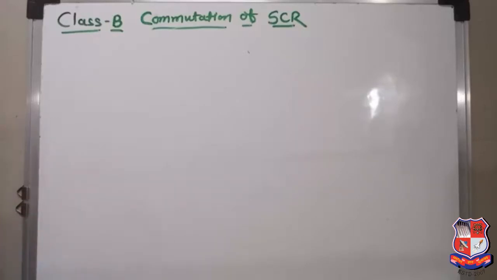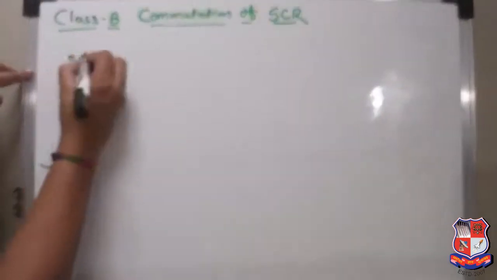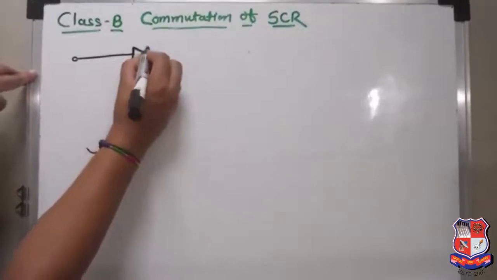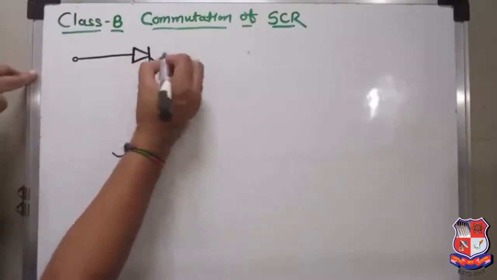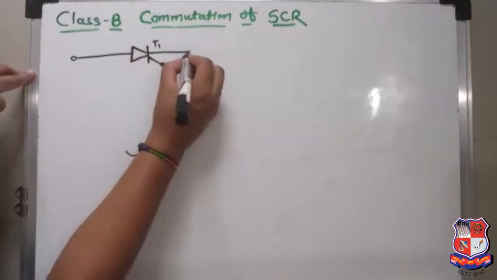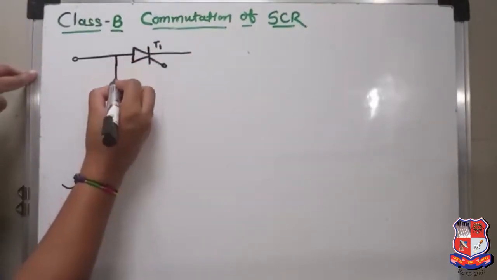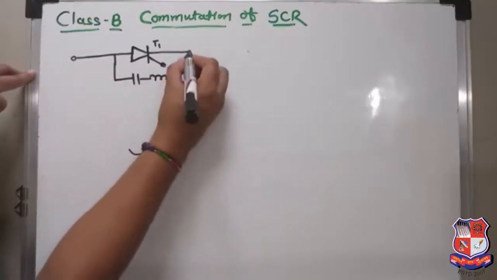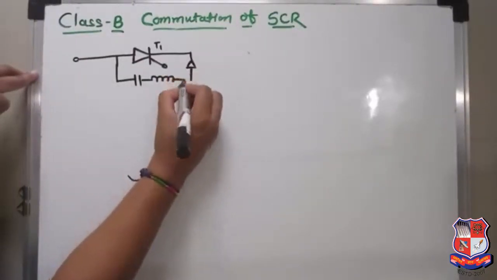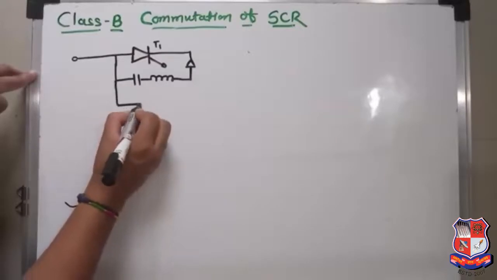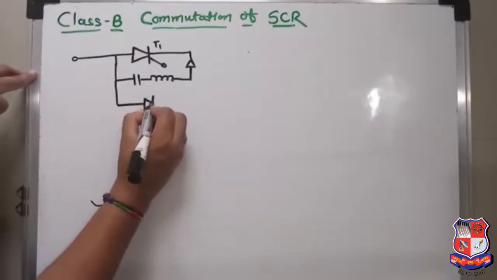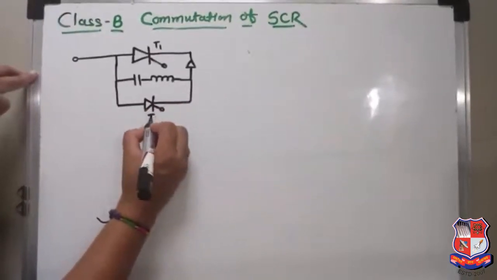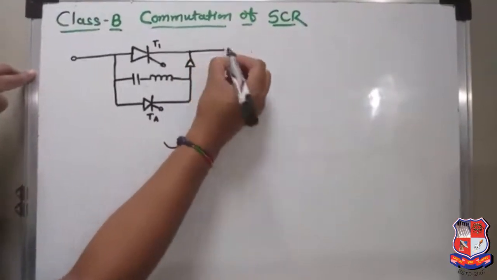What is the circuit of the class B commutation? In a class B commutation, see here a thyristor T1, then a capacitor and inductor, a diode, another thyristor that is labeled as the auxiliary thyristor, and a load.